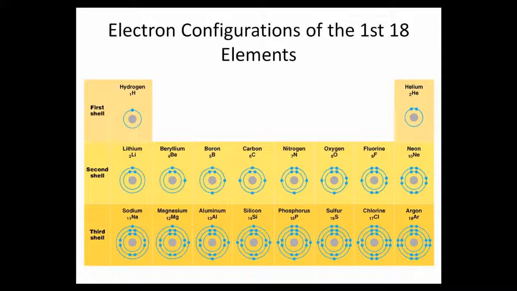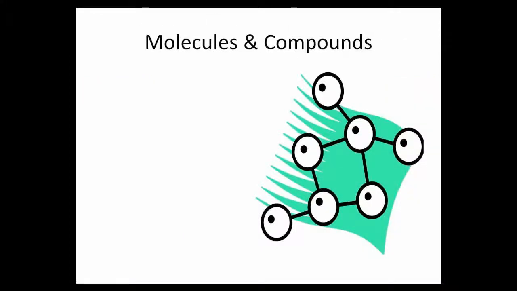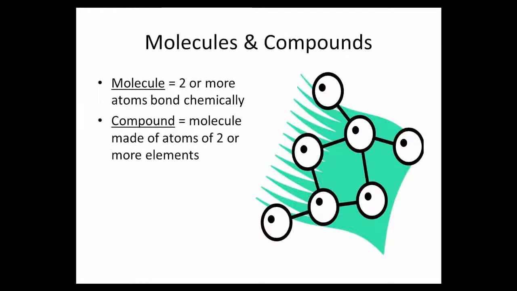Molecules are basically 2 or more atoms that are bonded chemically. The difference between a molecule and a compound is that compounds are molecules made of atoms of 2 or more elements.